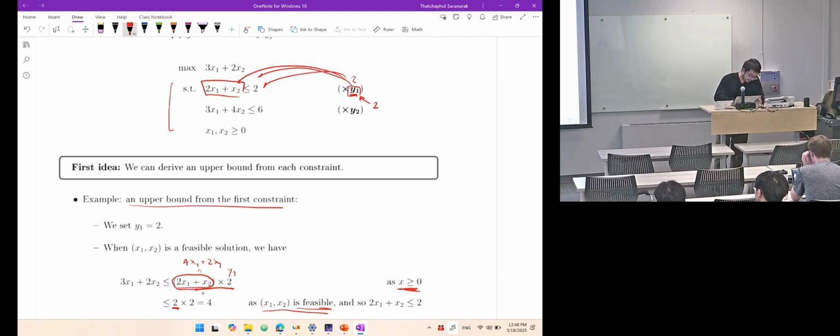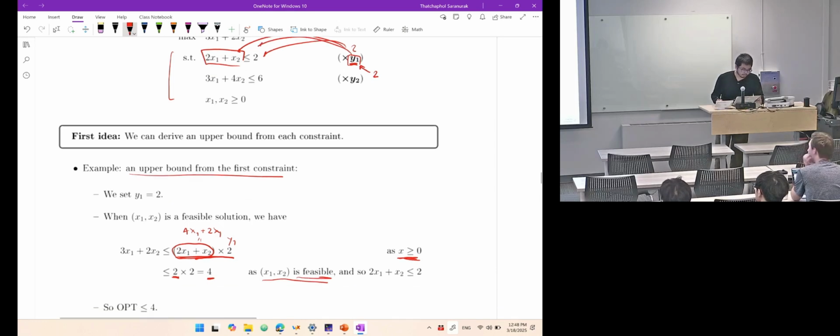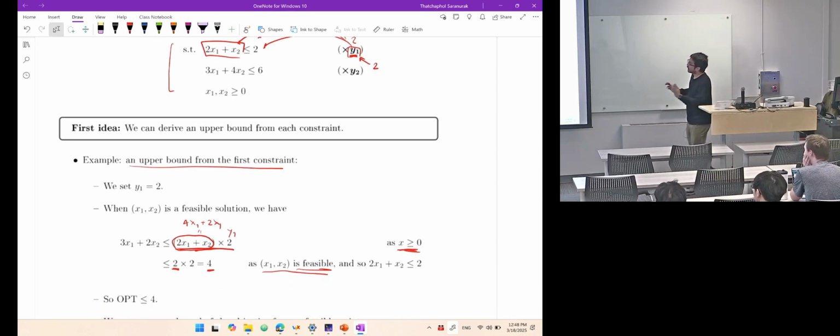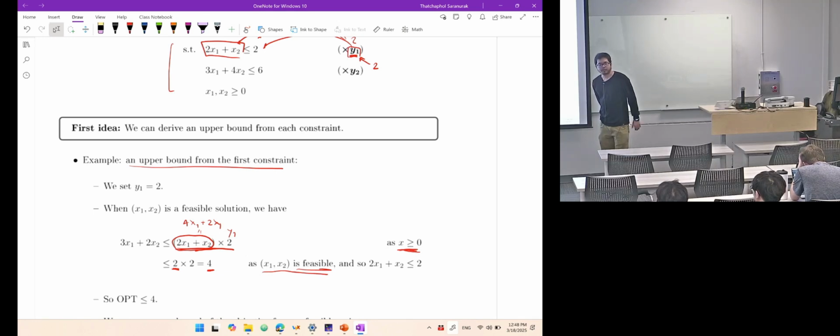So this whole thing is at most 4. From this, I conclude that opt must be at most 4. Question about this?